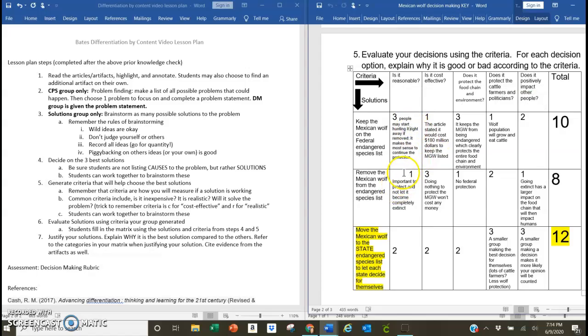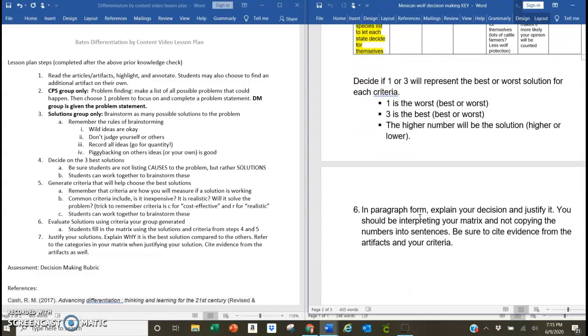For example, this particular group, for is it reasonable, said it was least reasonable to remove the Mexican gray wolf from the endangered species list, but most reasonable to keep it on the federal endangered species list. When they fill out their matrix, depending on which direction they decided the numbers would go, in this case the high number was the solution, they arrive at their solution.